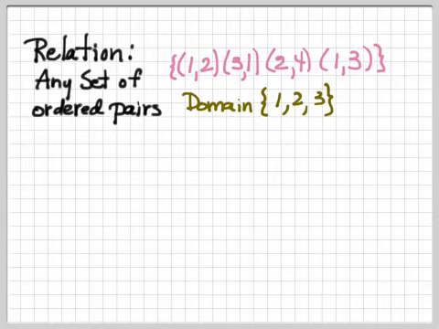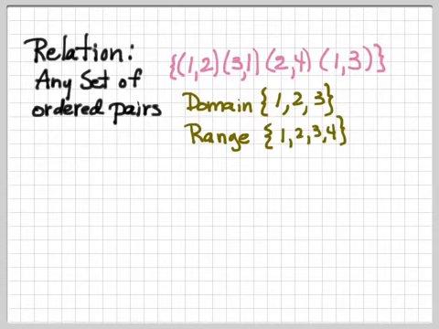Notice that I have two ones, but I only mention it one time. So it would not be 1, 1, 2, 3, and I'm going to put them in order too. Then the range of this relation is going to be 1, 2, 3, 4. Once again, I'm putting them in order. So the domain and the range.